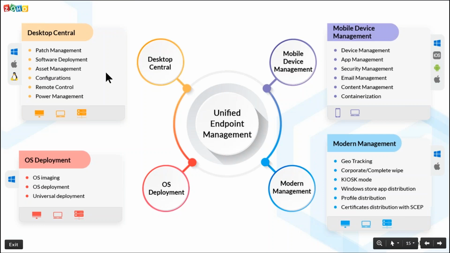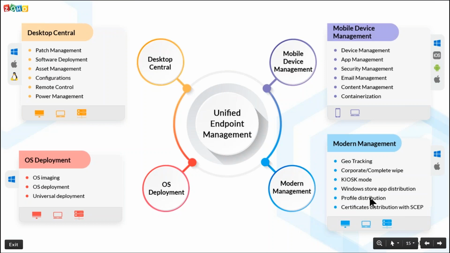You can manage other functions, including mobile device management for Windows, iOS, Android, and Chromebooks. Then we have modern management, which is for Windows and Mac machines. You can perform things like geo-tracking, complete wipe, corporate wipe. You can put the devices on kiosk mode.